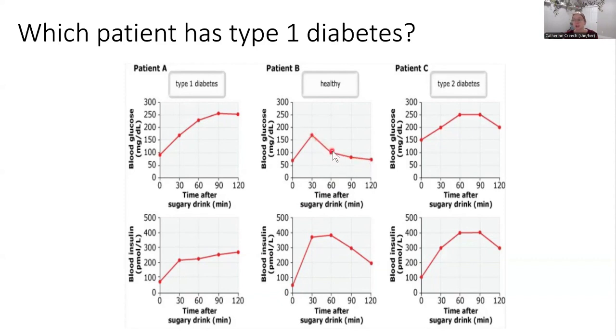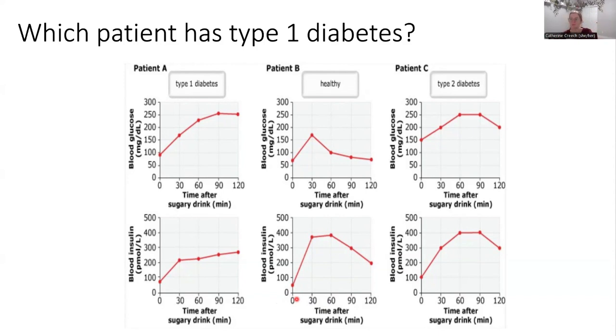As there is less sugar in the blood, the level of insulin decreases. So that is how it is supposed to work. Increase sugar, increase insulin. Increase insulin, decrease sugar. Decrease in sugar, decrease in insulin.